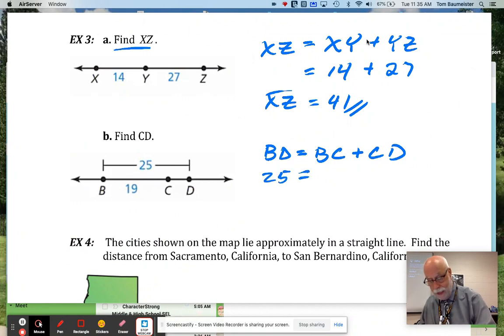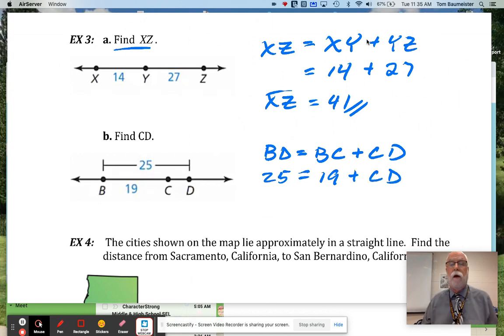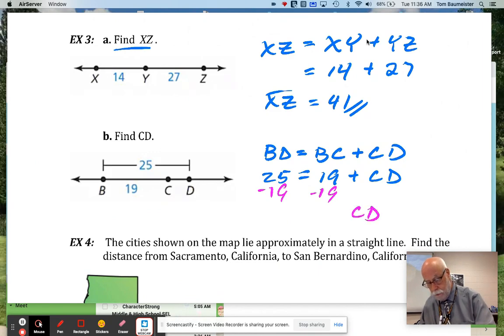BC we know is 19. And then we have CD. So CD is like our variable, which we kind of just did the other day. How do I get CD by itself? Well, you're going to subtract 19 on both sides. And that will give you the length of CD. So now you'll be able to tell me that CD is equal to 25 minus 19, which is 6.